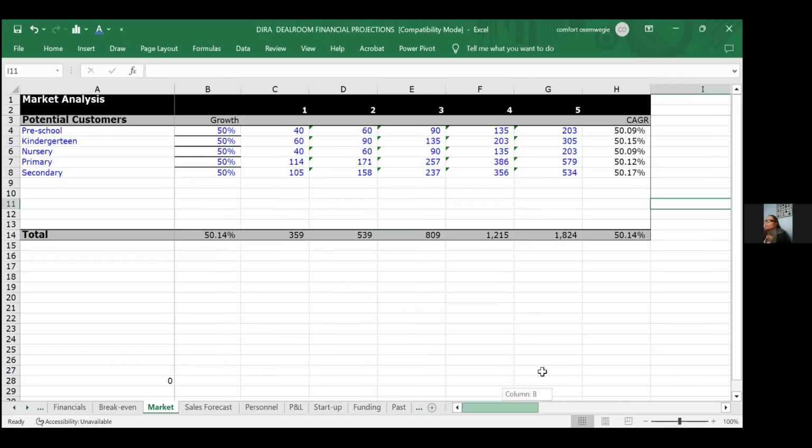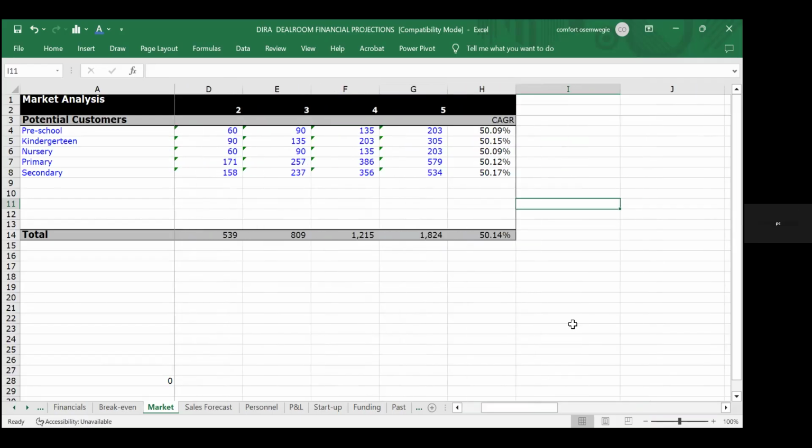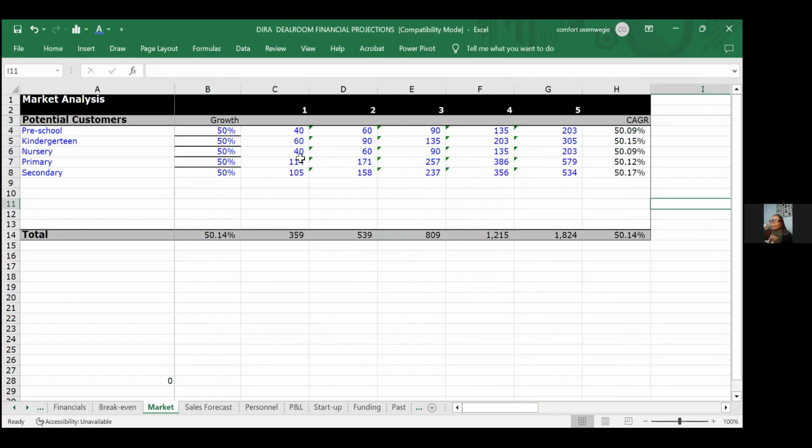A lot of the time they speak grammar around it, and so many people don't understand it. It's just cumulative average growth rate: what percentage would you be at over a period of time based on certain assumptions?